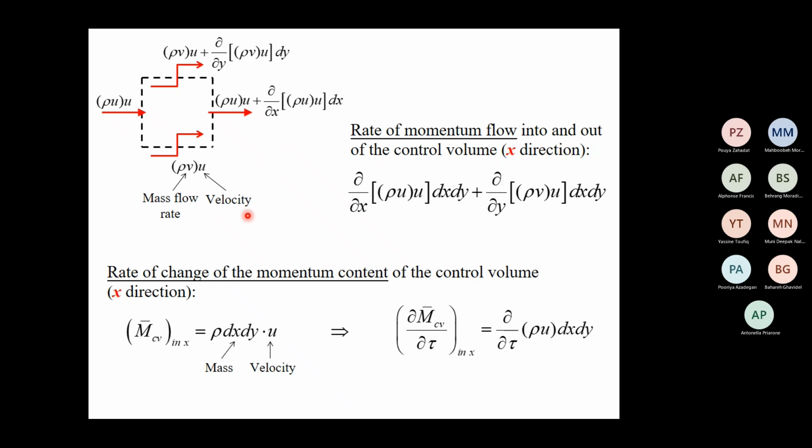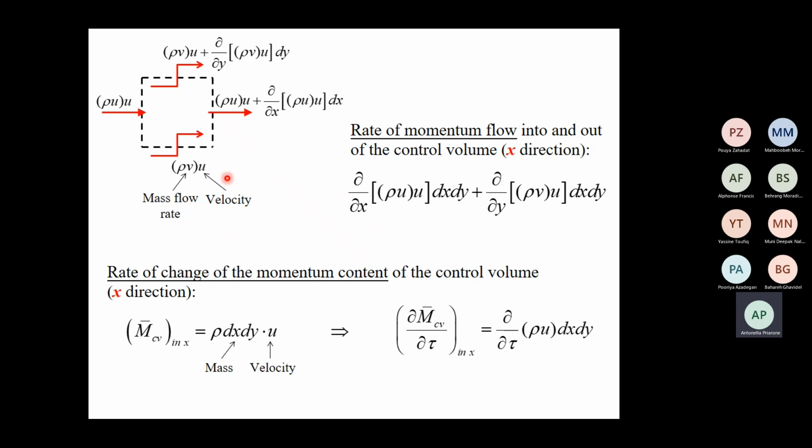Pay attention, because it's not really a mass flow rate. In the bracket you have mass flow rate, but we have to add the x. So as for the previous case, the mass flow rate actually will be rho v dx, because dx is the area normal to that direction.